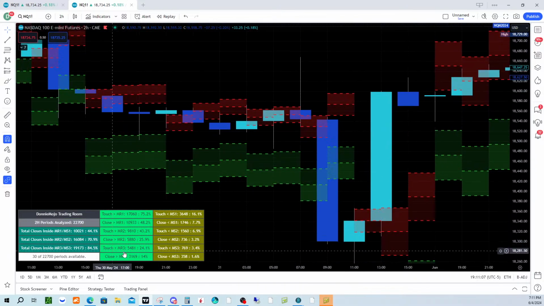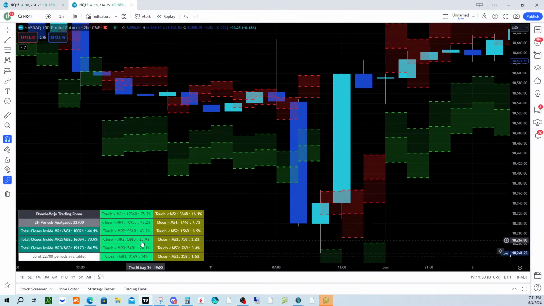So as you can see in the statistics, we have a lot more data on the 2-hour time frame. Instead of what we had before, it's 22,700 2-hour periods. So you get a lot more data by mining this down. Those 22,000 2-hour bars are analyzed.